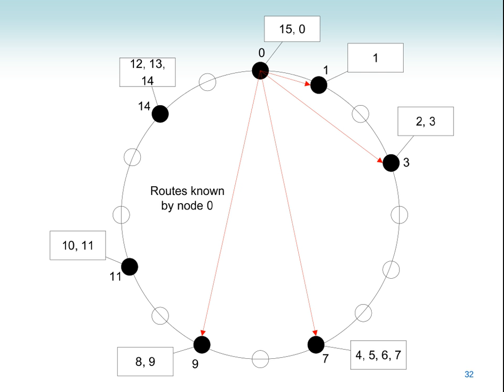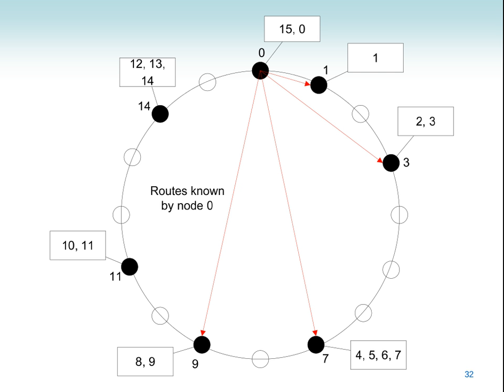So 1 position away from node 0 is 1, 2 positions is 2, 4 and 8. But of course those nodes may not exist. So ideally, node 0 would maintain routes to nodes 1, 2, 4 and 8. We'll see how that helps with the search shortly. But if those nodes don't exist, then we maintain routes to the next one that does exist.